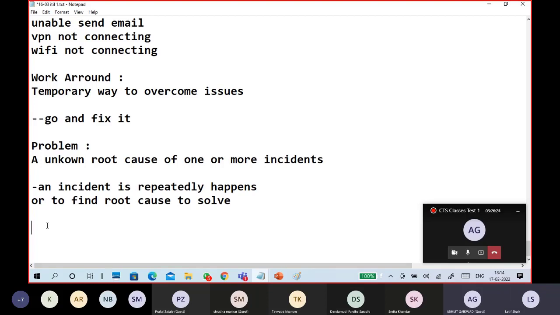Unknown root cause of one or more incidents. Multiple incidents keep happening, so we have to fix it.